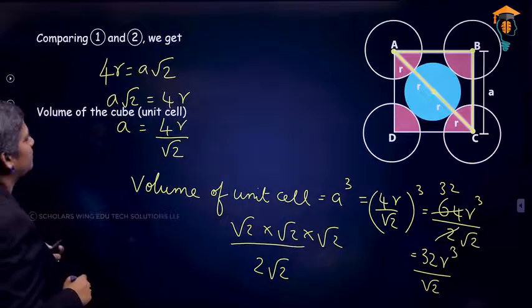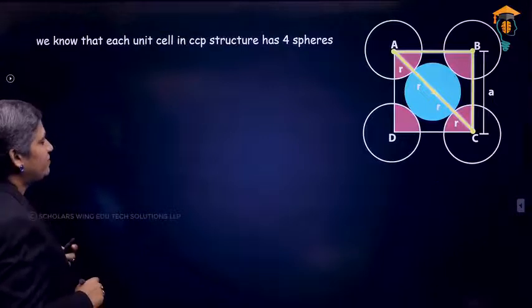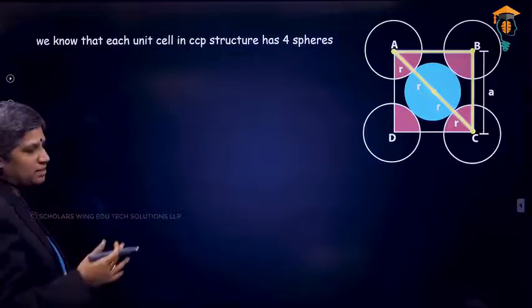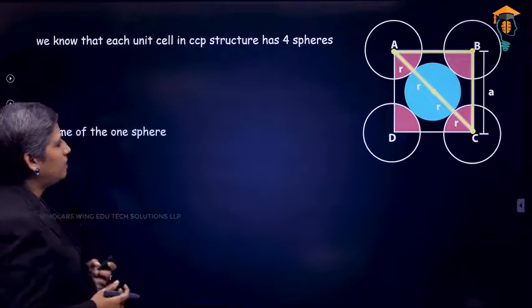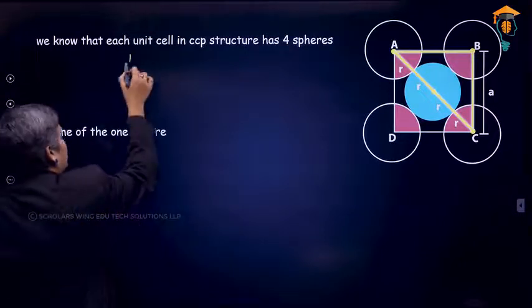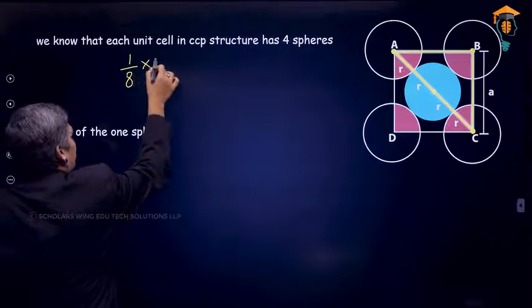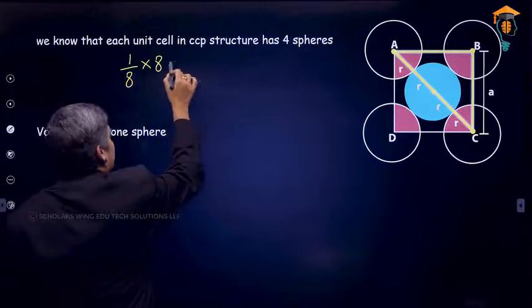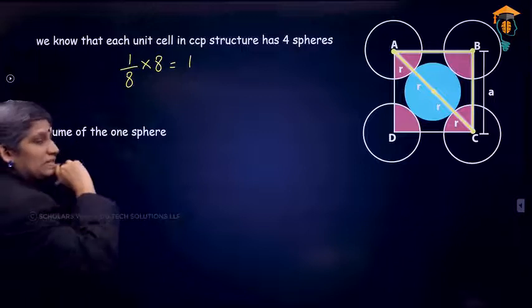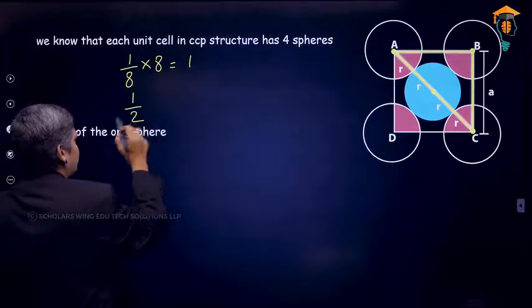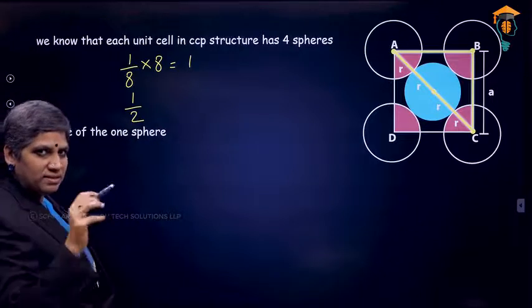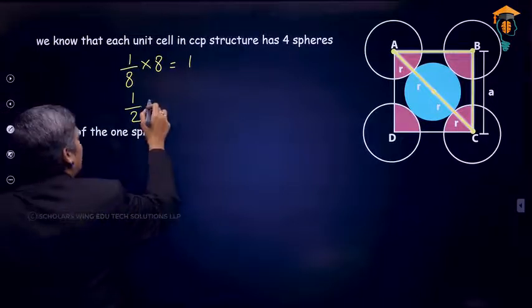Let's proceed. In FCC, that is CCP structure, how many spheres are there? 4, right? You remember how? Corner position contribution is 1 by 8, so 1 by 8 into 8 is 1, and face-centered sphere will contribute half, and there are 6 such face-centered spheres at 6 face centers.